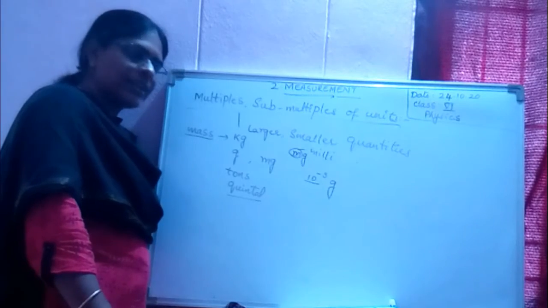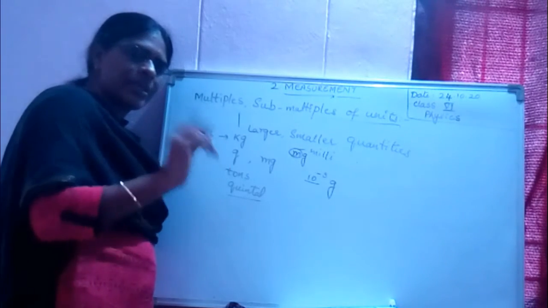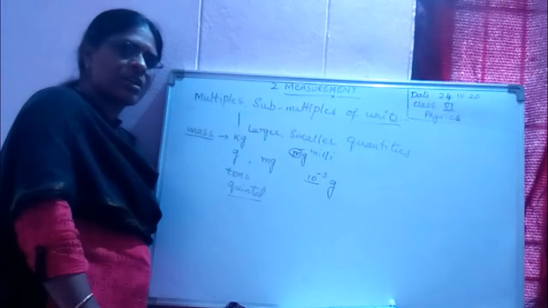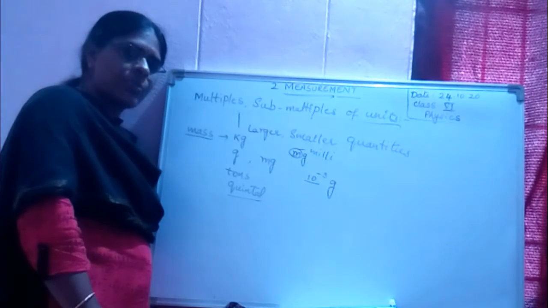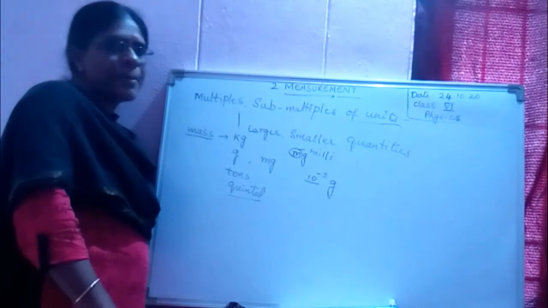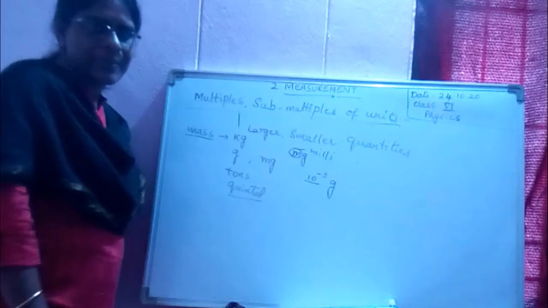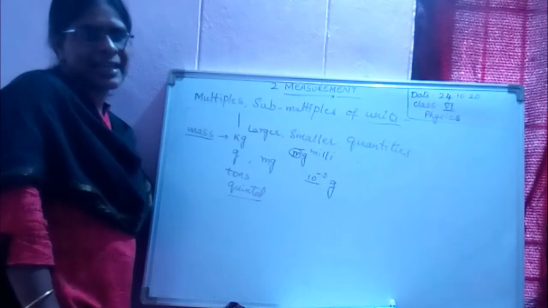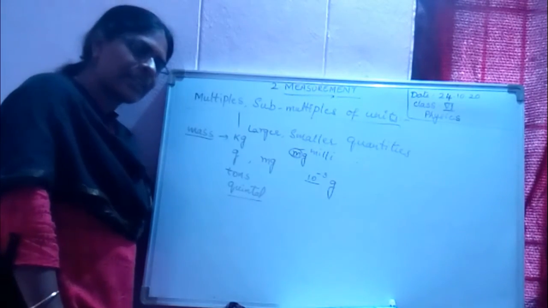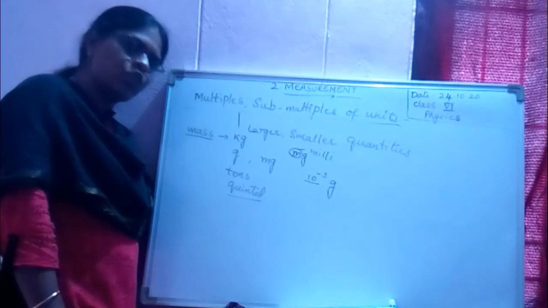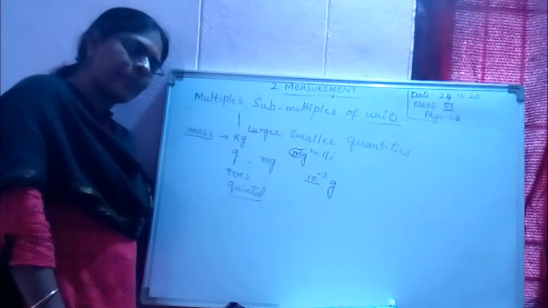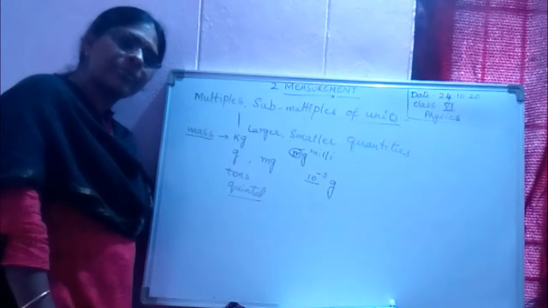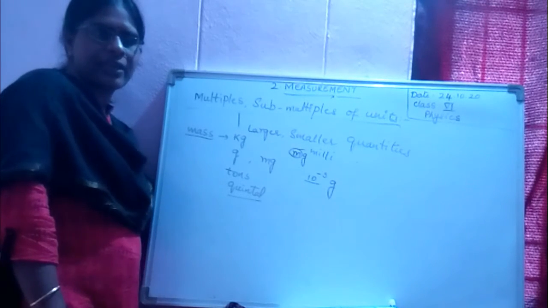Look at that. Deci means how much? 10 power minus 1. Centi 10 power minus 2. Milli 10 power minus 3. Micro 10 power minus 6. Have you all seen that? Kilo 10 power 3. Mega 10 power 6. Pico, femto, like this they will be there.